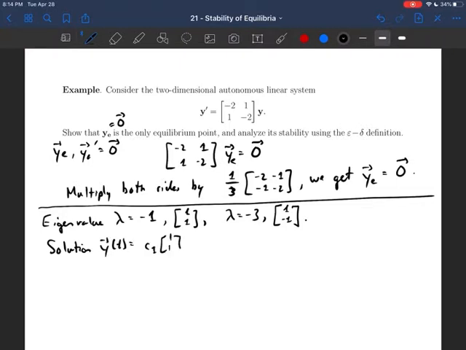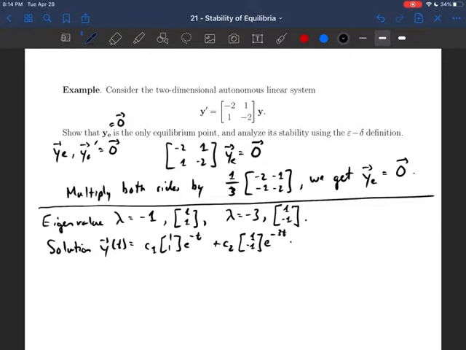And then I also have lambda equals -3, which has an eigenvector 1, -1. So the solution will look like y of t is equal to C1, 1, 1, e to the minus t plus C2, 1, negative 1, e to the minus 3t.